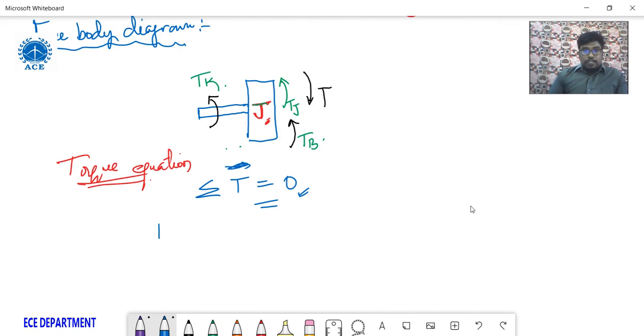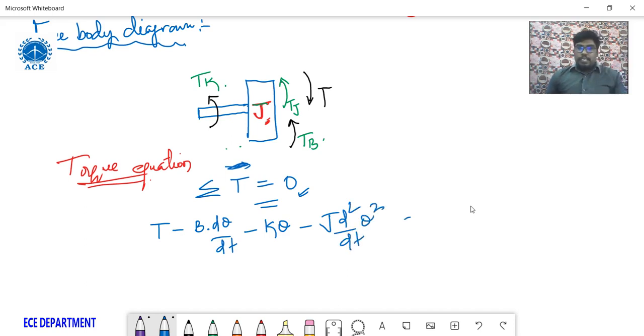T minus the dashpot torque, in any order you can write, B d theta by dt, minus the spring element K theta, minus the inertia J d square theta by dt square, at any instant is equal to 0. Already I told what the negative sign indicates here, the opposing torque.